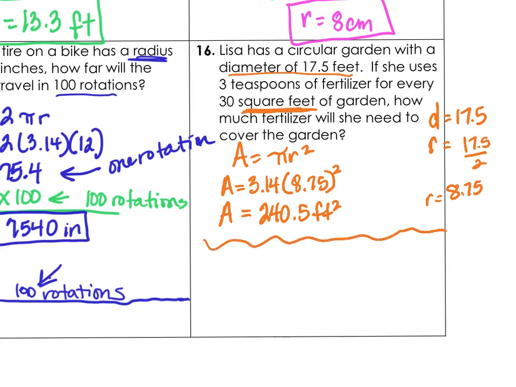If we know that 3 teaspoons will do 30 square feet, then how many teaspoons will it need for 240.5 square feet? We're going to cross multiply, then divide by 30.